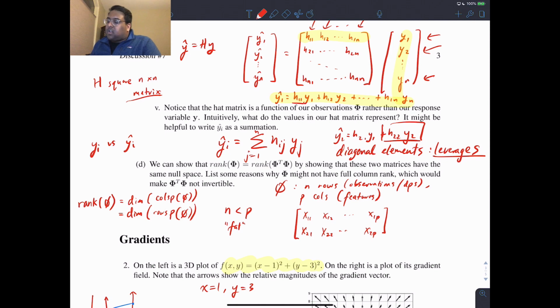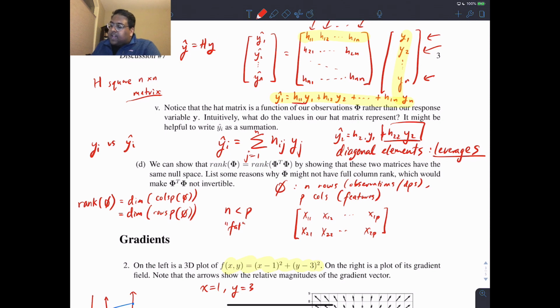It's impossible for the dimension of our row space, i.e. the number of linearly independent rows, to be greater than 2 because there's only 2 rows, okay? And since the number of rows is less than the number of columns, it's impossible for the matrix to have full column rank, right? Because for it to have full column rank, the rank of the matrix would just be p. But since n is less than p and an upper bound for the rank is n, it's impossible for the rank to be p.